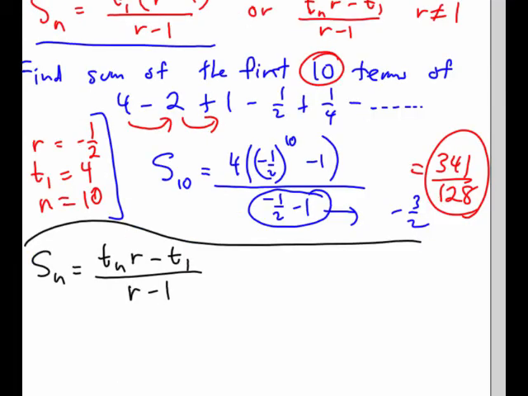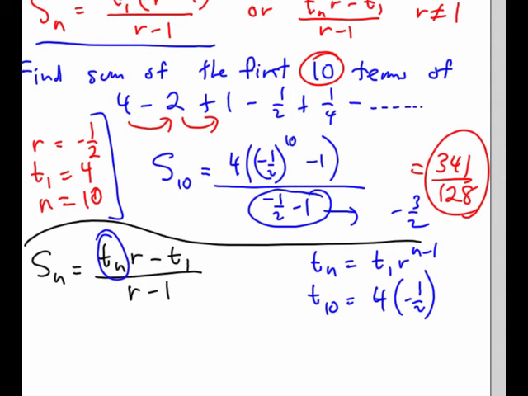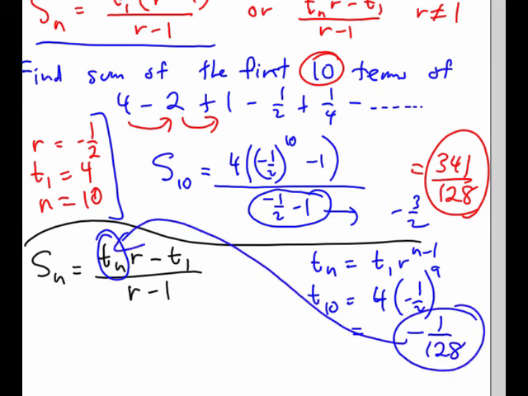Now, if I had chosen to use the second formula to calculate the sum, I would need to know the value of Tn. Well, that would be easy enough to calculate because I know the formula for a geometric sequence to be this. And so term 10 would be, 10 minus 1 is 9. If you check that out on the calculator, that's negative 1 over 128, which you could then use in this spot.